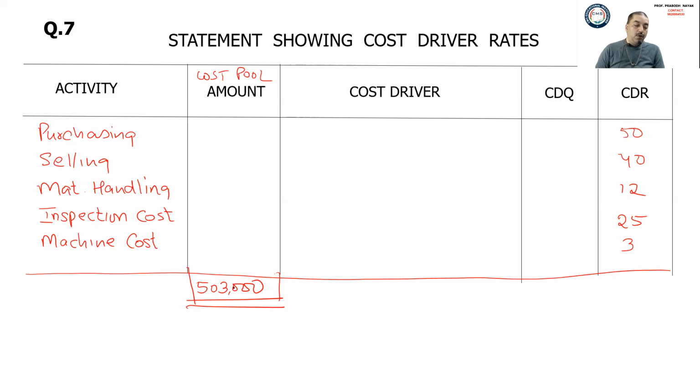So that is the total overhead cost, the total of the cost pool. Just keep that amount ready because I want it for the next calculation.